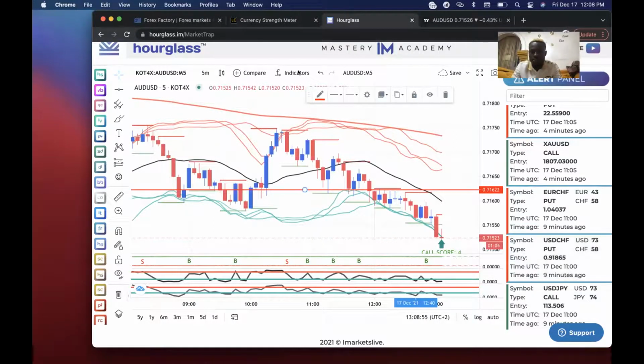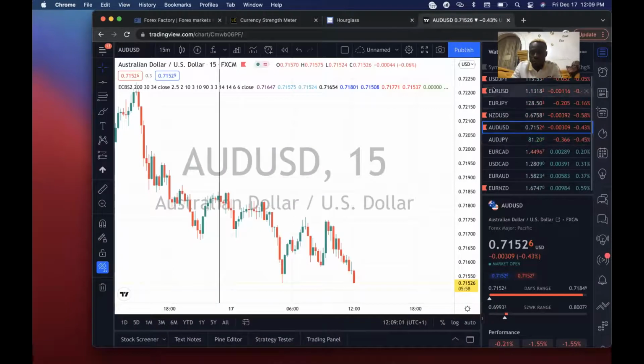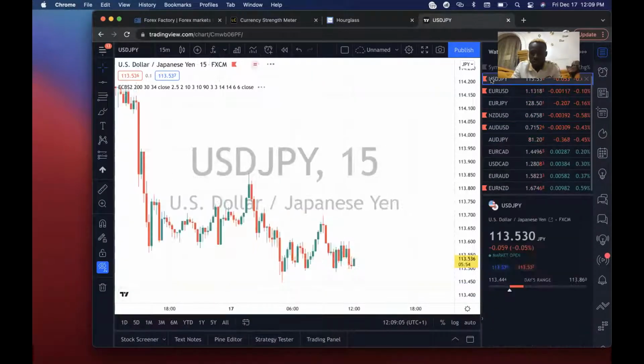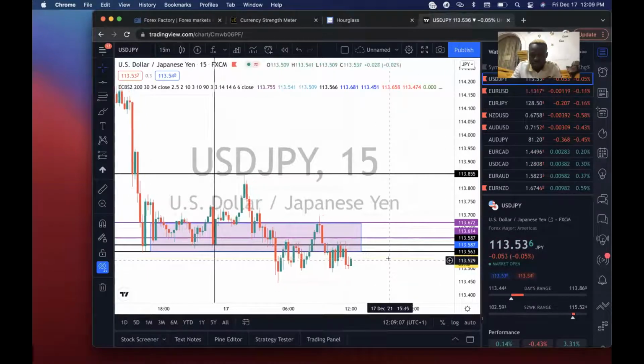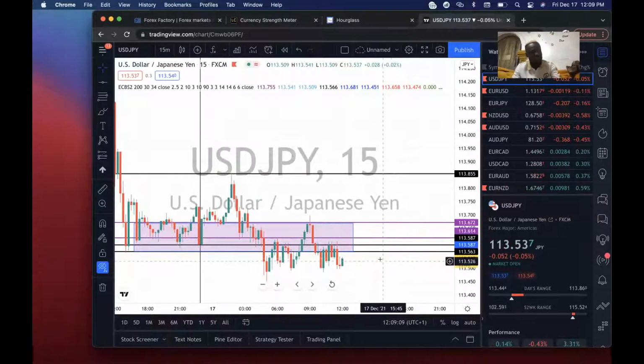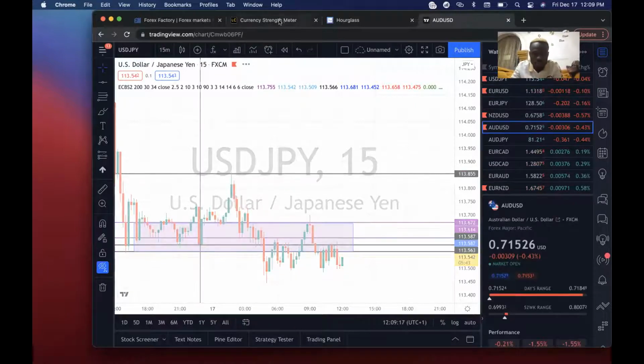So let's just discard UJ. UJ can play out, but let's discard it. I'm just going to give the area, but I'm going to discard USD/JPY. USD/JPY, I'm discarding it, but the area is above the 590 area on UJ. But I'm discarding UJ. So let's see what AU has to offer.